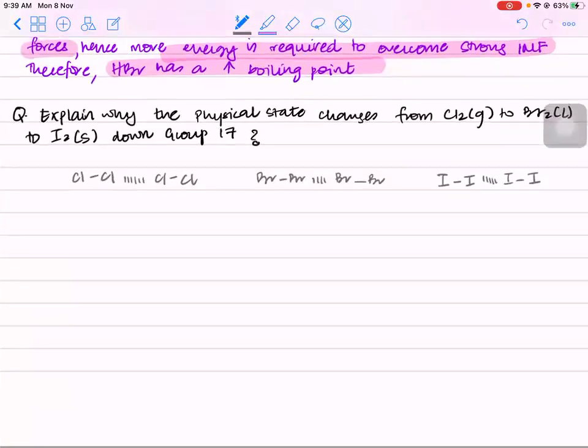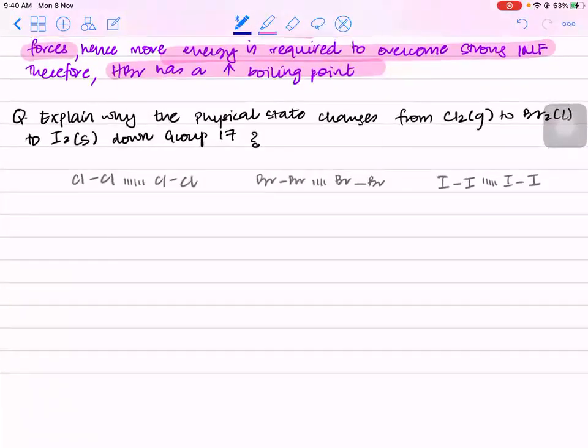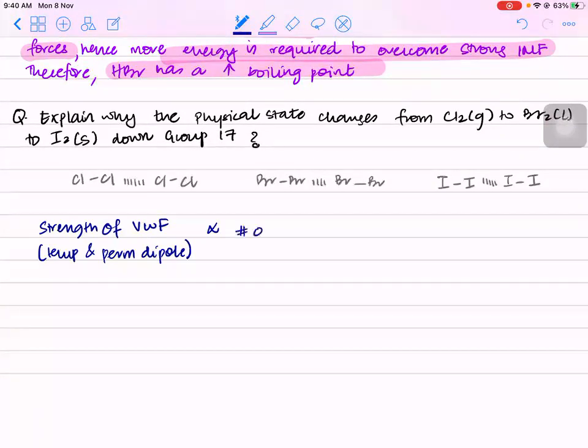Let's see. You can determine the strength of van der Waals forces. In this, the van der Waals forces are permanent and temporary dipole forces. That's what I'm referring to. Their strength you can determine by two factors. One is the number of electrons.